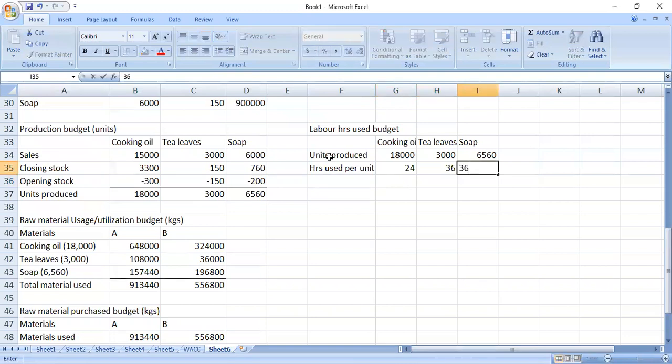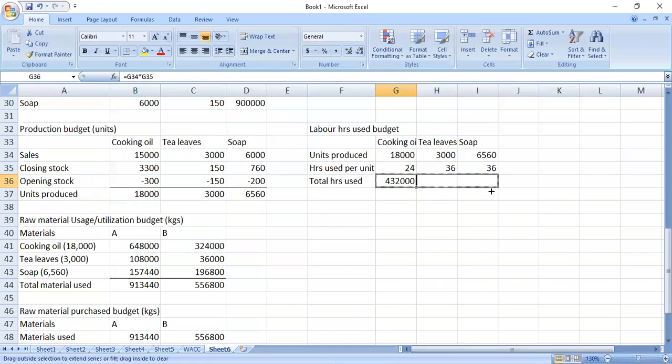Those are the hours used for each single product. So meaning that our total hours utilized or used is this times that. Okay. 24 is for a single unit, then times 18, which is the number of units produced. All right. So this will give us total hours used.